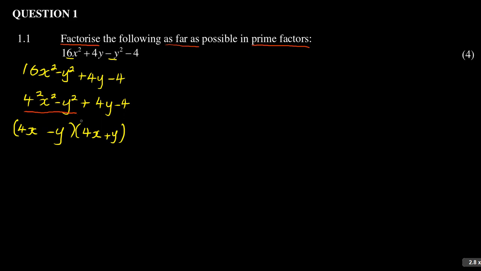So this is a difference of two squares. Now in the last two, you can see that 4 is common, so I can say plus 4, and then I'll have my y minus 1. So this is as far as this factorizing can happen.